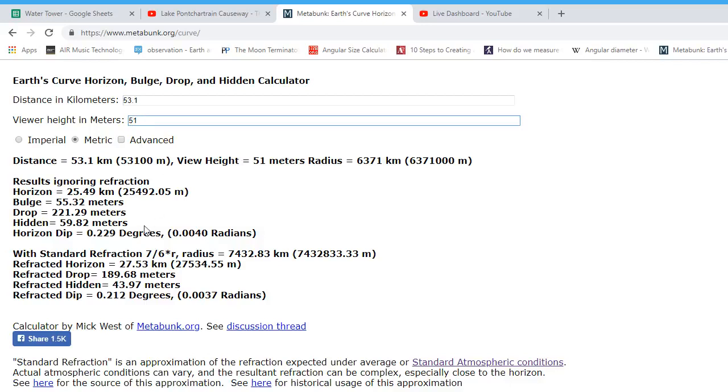So I have the viewer height at 51 meters, and we have 60 meters hidden, but if that was actually a 100-meter tall tower, the ground elevation at that point was 10 meters, so we knock this down to 50 meters hidden, so roughly half the tower hidden on the globe model.